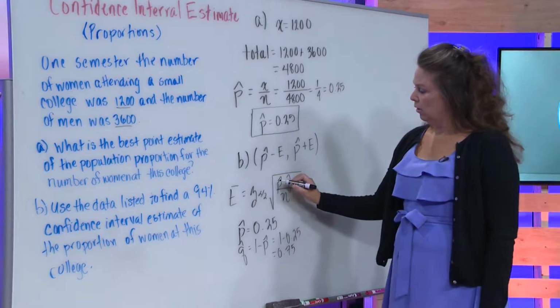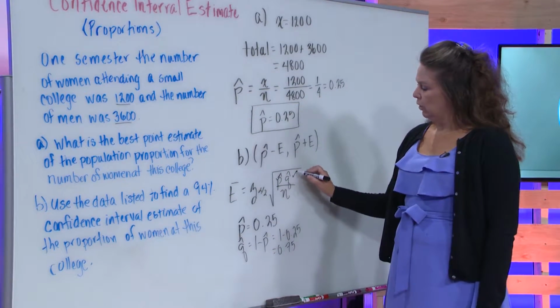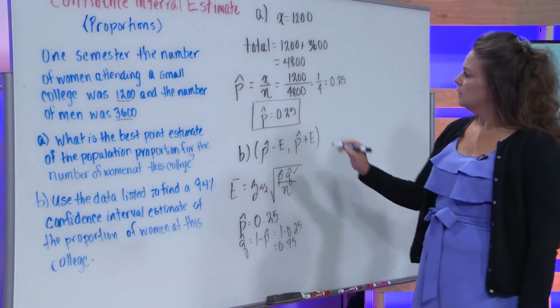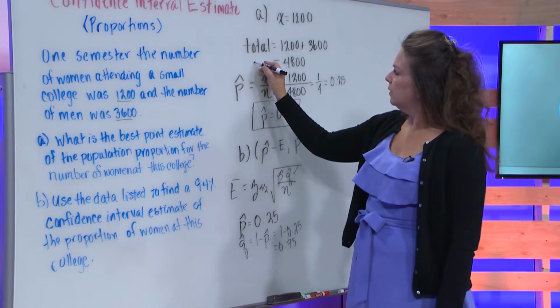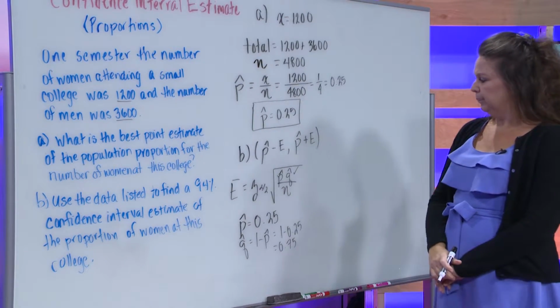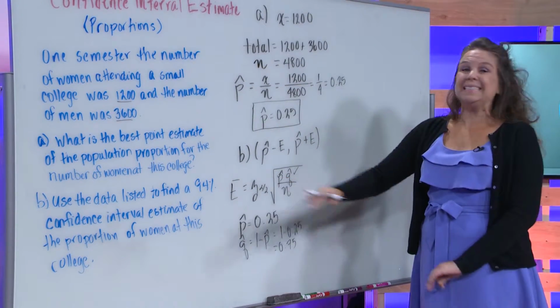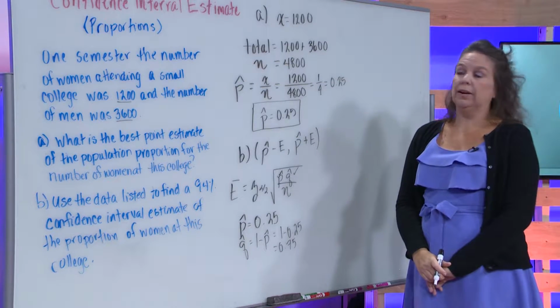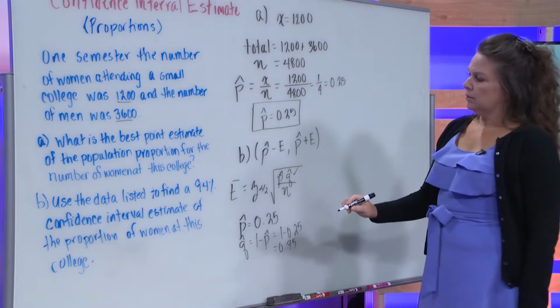So now we have our P hat, we have our Q hat, and our total number of students is this 4,800, which is our N here. Now I need to find this Z alpha over 2, which is the critical value.